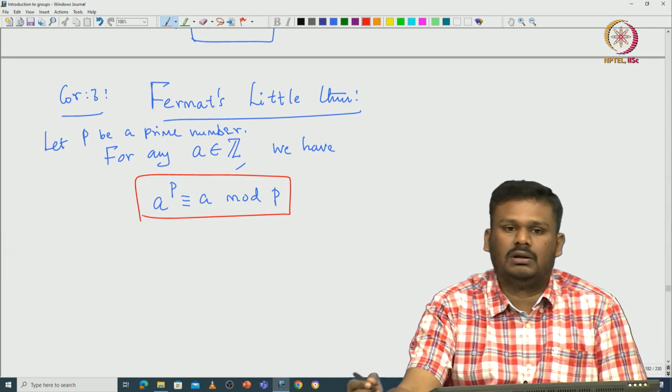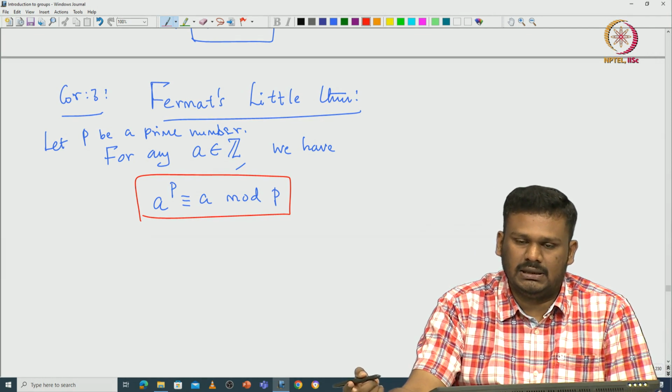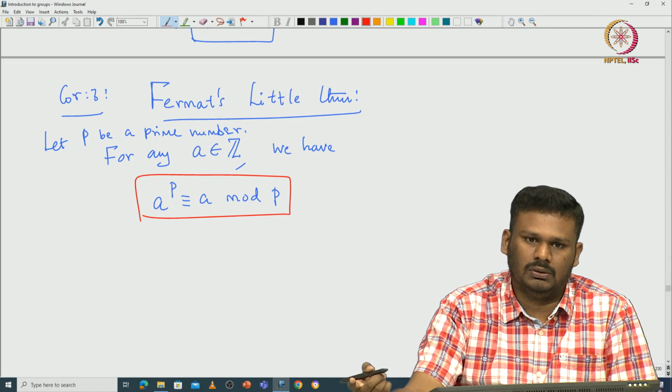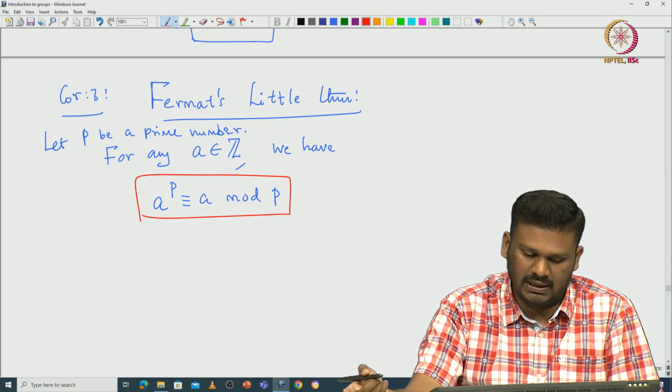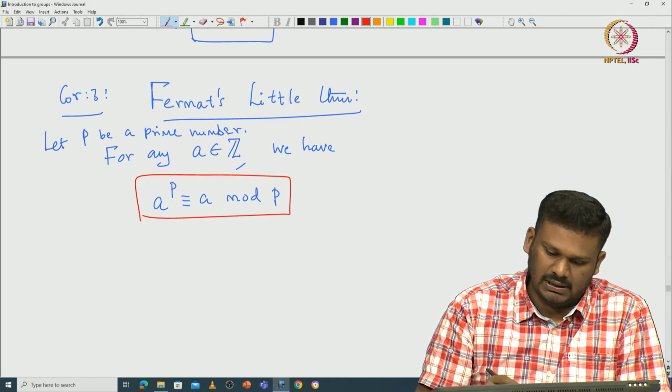Whenever you take any integer a and raise it to the power p, it must be congruent to a modulo p. It leaves remainder a when you divide by p. That is what Fermat's little theorem says.